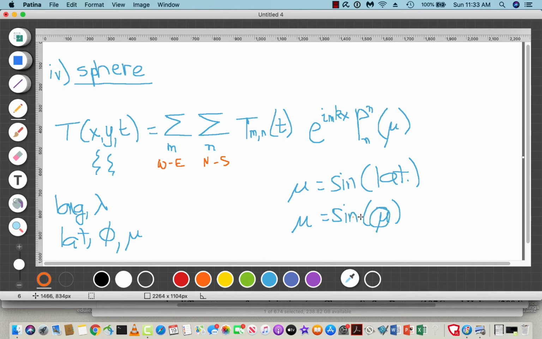Change the color. Sine of latitude is this thing, mu here. There's a lot of different notations here. There's one that I'm used to, which isn't the same as what Warner is using in the book. So this thing here is called a spherical harmonic.